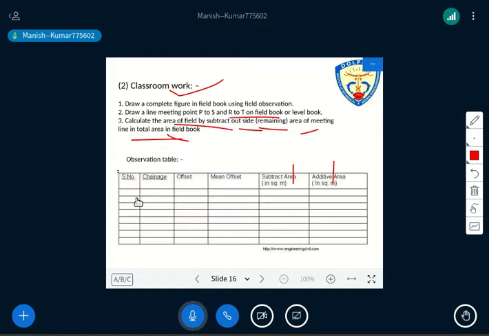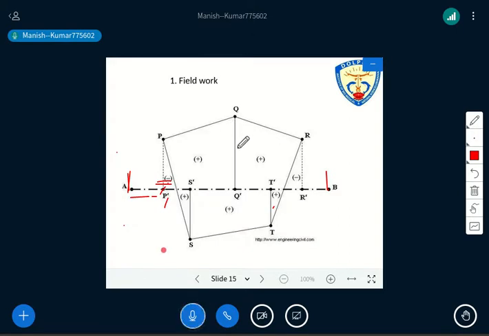Here we have to write everything: serial number, chainage, offset, mean offset. I'll explain what mean offset is, then subtractive area, additive area. So first we need to know what mean offset is. If you look at this figure, a trapezium, there are two perpendiculars, isn't it?